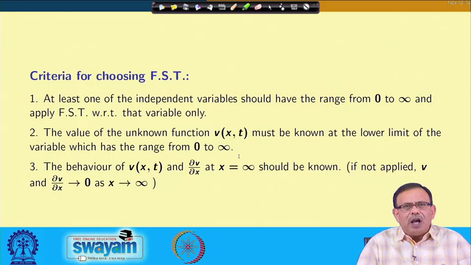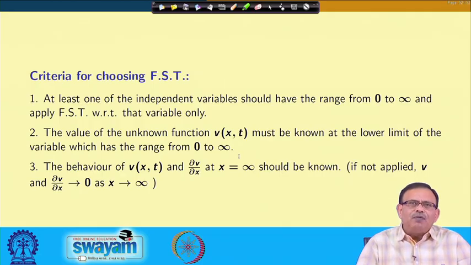So, please note that the criteria for choosing the Fourier sine transform is, number 1, at least one of the independent variables should have the range from 0 to infinity, and you apply the Fourier sine transform with respect to that variable only.